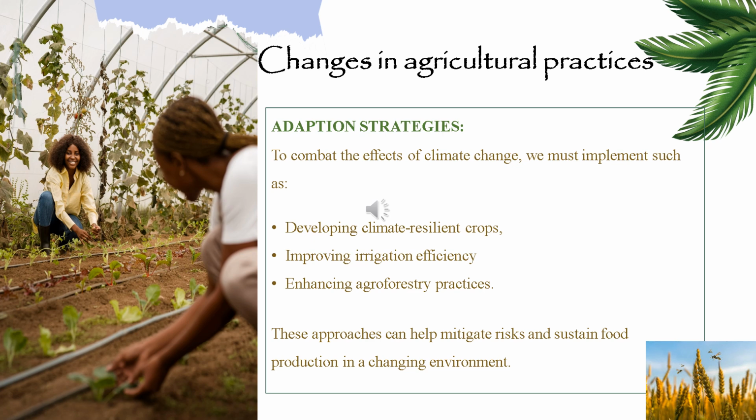In India, biotechnology has been used to create pest resistant cotton varieties, reducing crop losses and improving yields. So, these adaptations and technological advancements help farmers manage the challenges posed by climate change, ensuring food security and sustaining agricultural productivity.